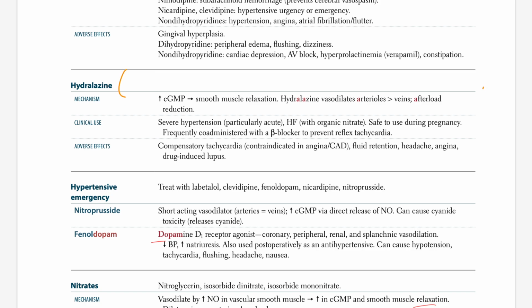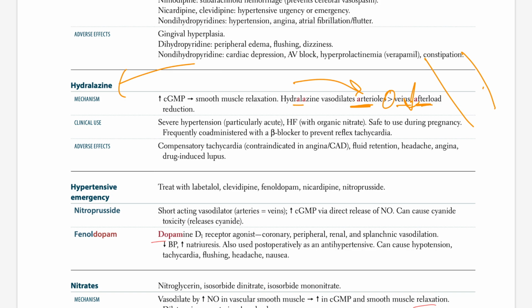And it's a drug that you give from outside. Okay. Hydralazine has specificity for arterioles more than veins. So it's going to affect the afterload. Afterload would decrease because you're dilating the vessel, right?